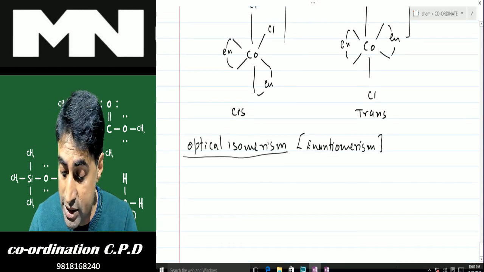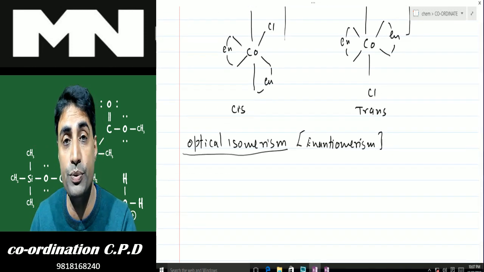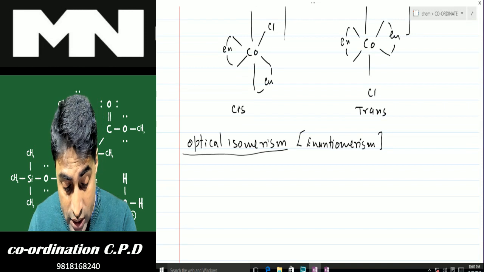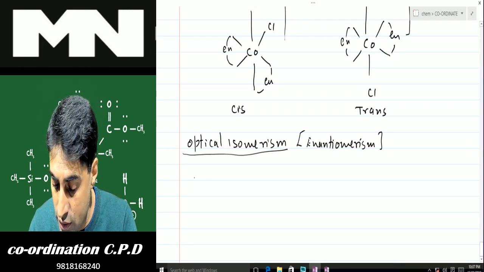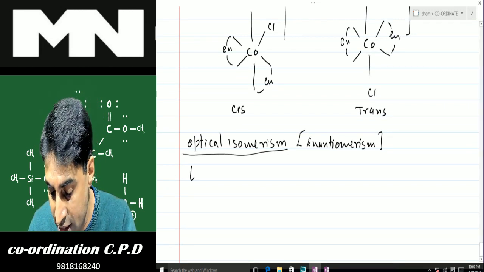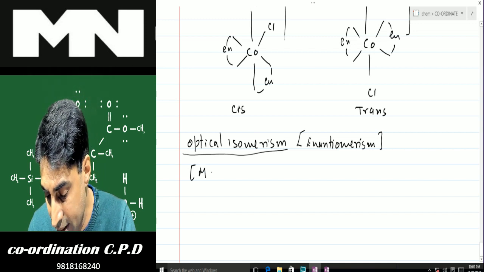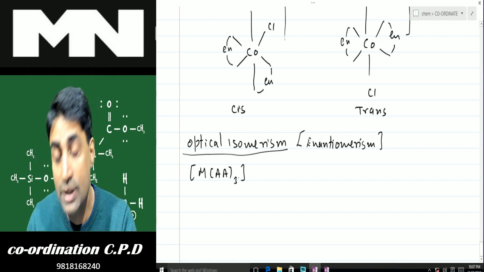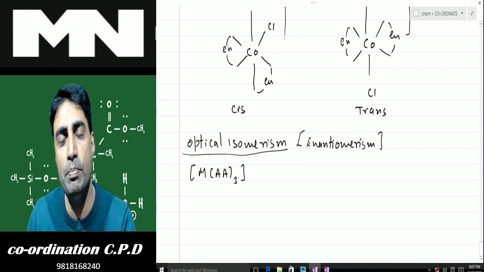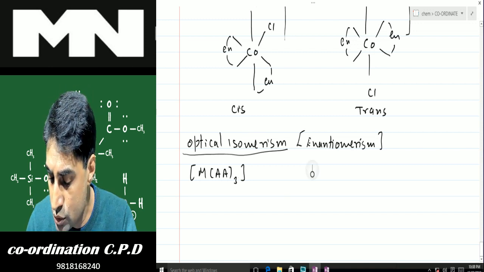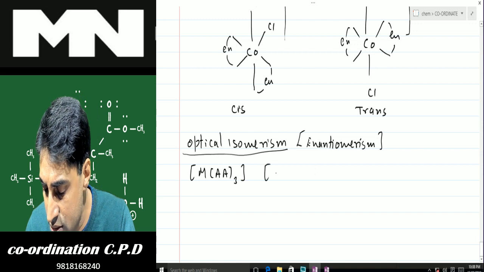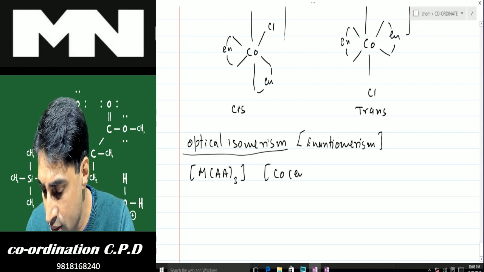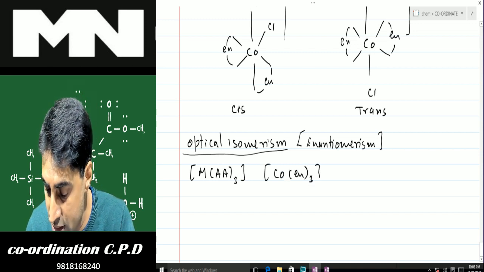In octahedral complexes, we come across situations where we see compounds like this. I'll give you the first example in octahedral complex. We can have a compound like M(AA) whole thrice. That is 3 moles of bidentate ligand. So for that I can have a compound like Co(en) whole thrice, 3 positive.